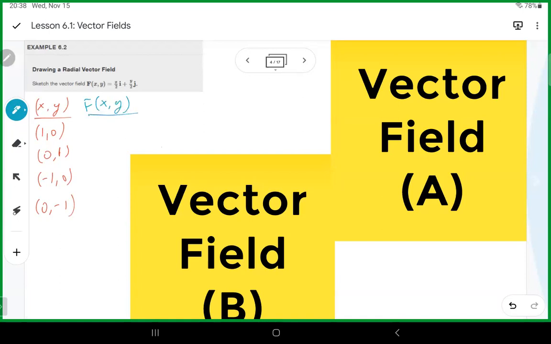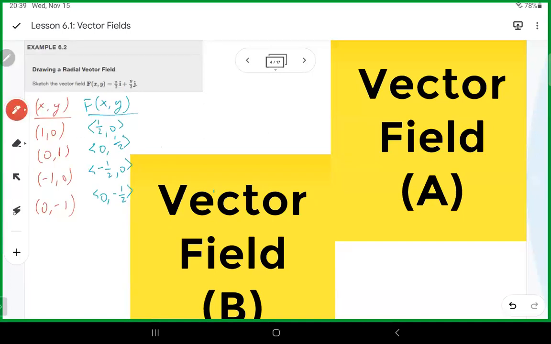So I'll try to get you as much of this as I can. So (1/2, 0), (0, 1/2), (-1/2, 0), and (0, -1/2).